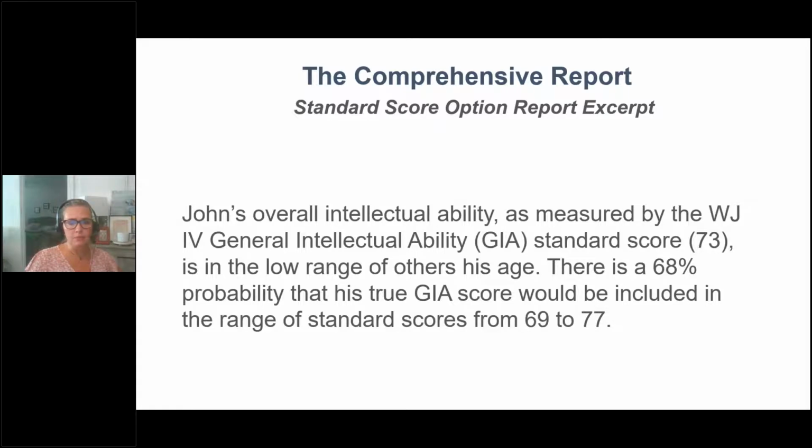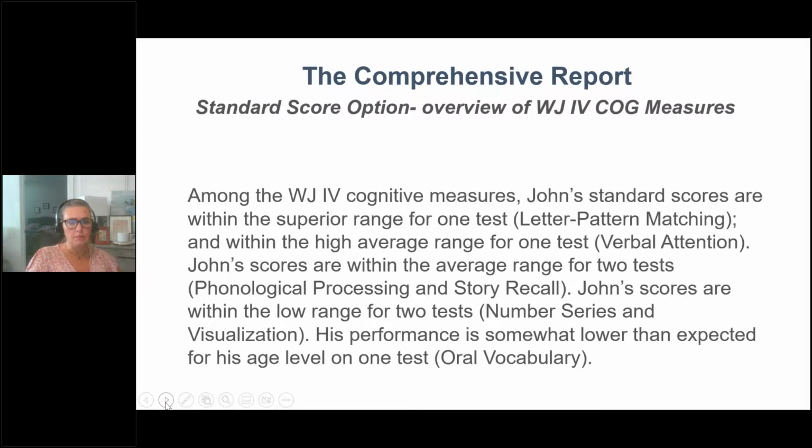There is a 68% probability that his true GIA score would be included in the range of standard scores from 69 to 77. So it's basically just a description of the standard score, where that standard score falls out in relation to peers.